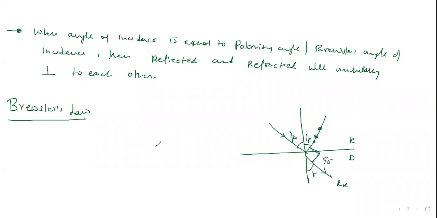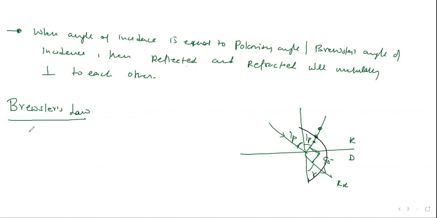Now if we want to define Brewster's law, it relates your refractive index and your polarizing angle. How are these two related? For this surface, first let's write. Look here, in this picture, this is the normal. So this whole angle is obviously 180 degrees.